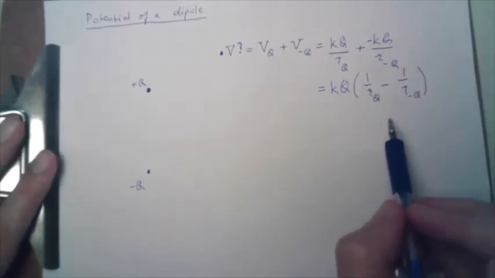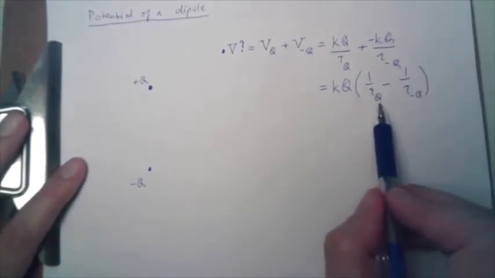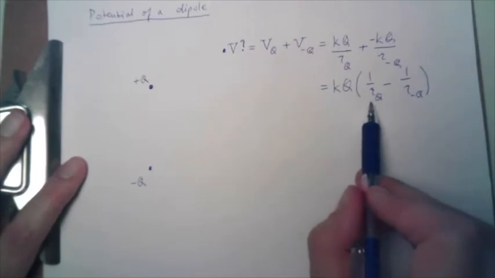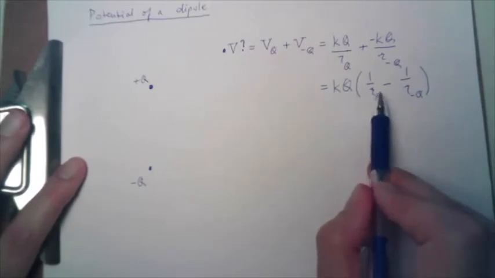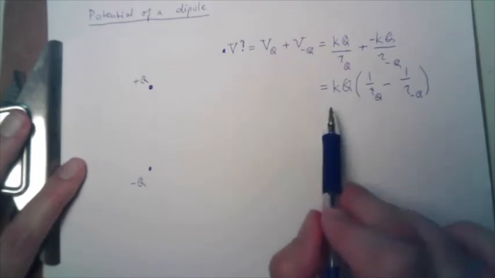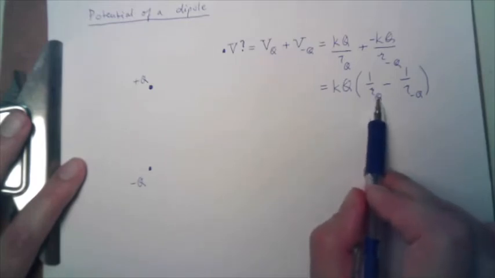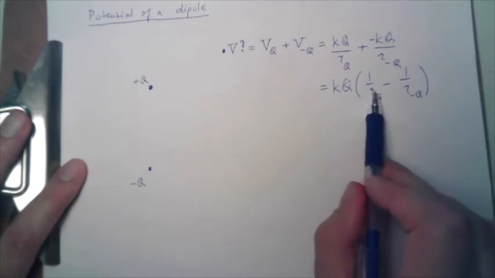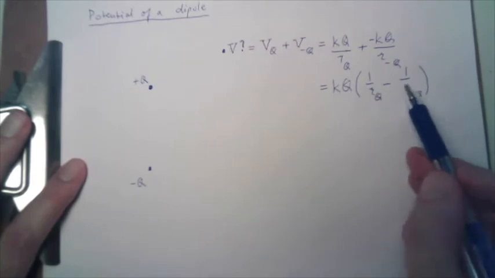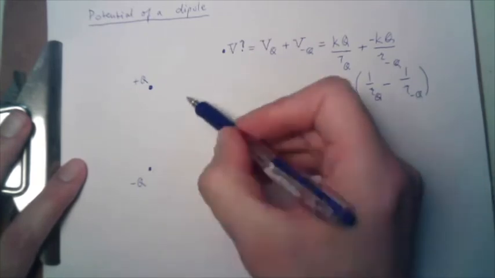Okay. Now we need to be really careful. This is where it gets a little tricky. So we need to ask ourselves, what is this R Q really? It is the distance between the location of this charge Q and the point where we would want to know the potential. So R Q is a vector that points from here to there. And R minus Q is a vector that points from here to there.